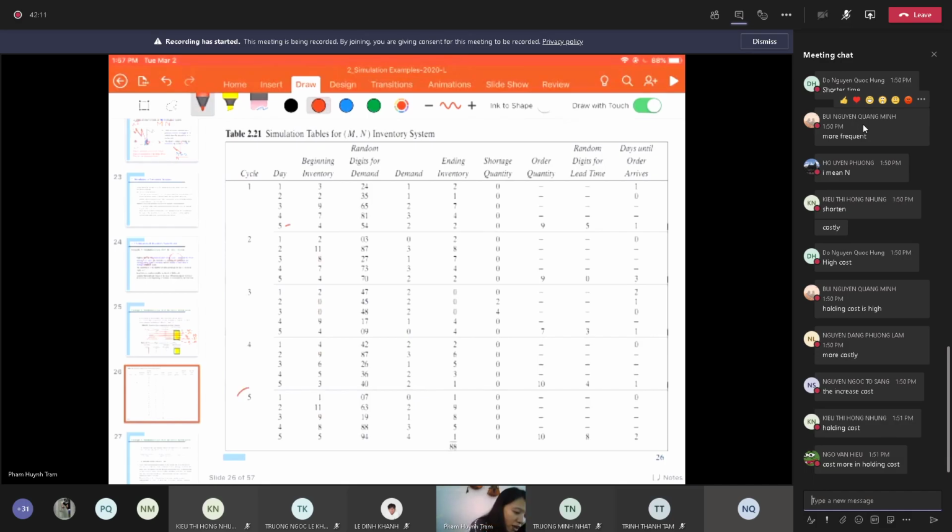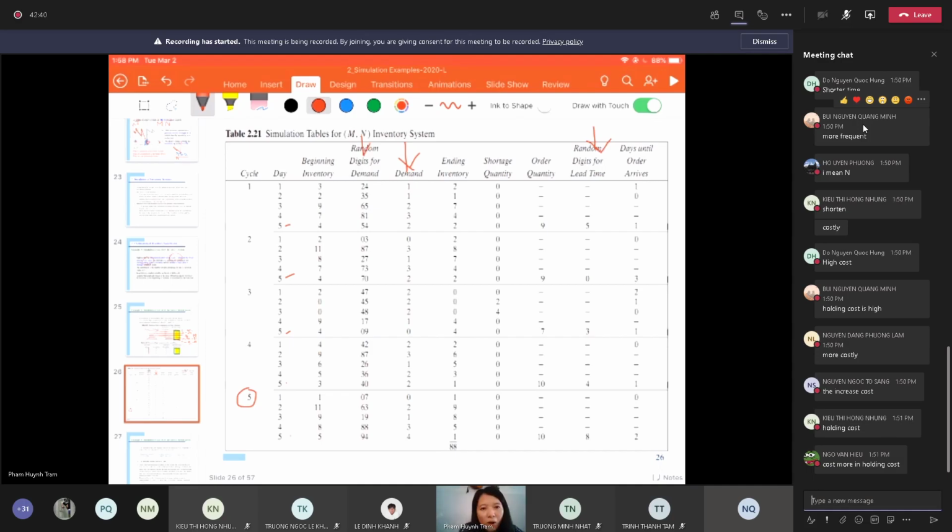Each cycle is 5 days. So we need to simulate the demand and the lead time when you place an order. The lead time is here. Okay, demand, the random for demand here.